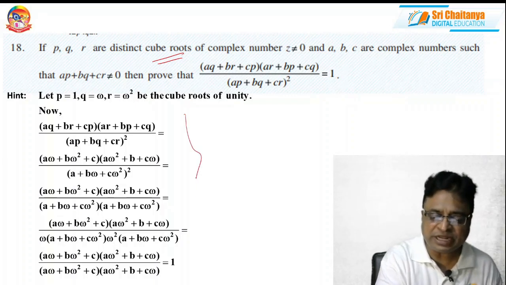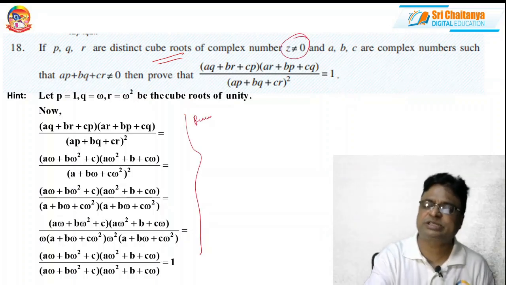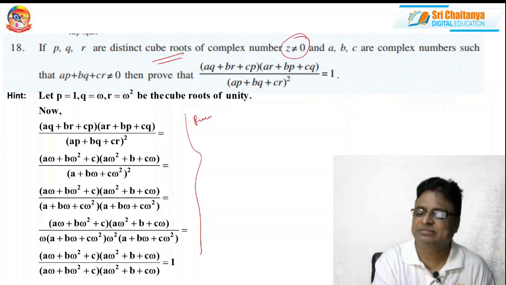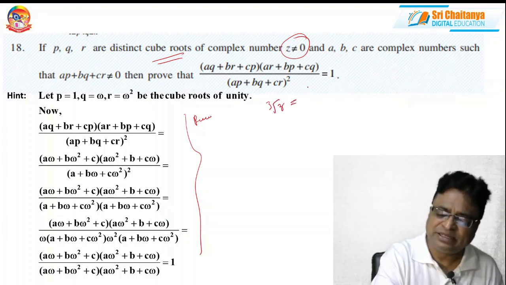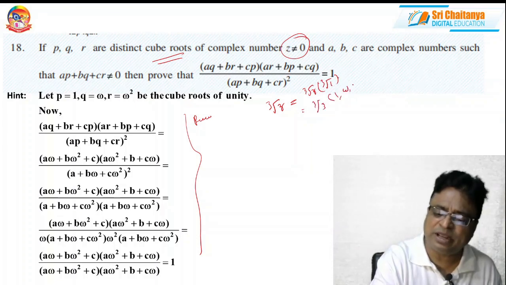This is a particular case only. Like that, you just solve if it is the cube roots of a complex number. That means cube root of z, suppose it is the case. That means I can write this as cube root z into cube root 1, that means cube root z into 1, omega, omega square.